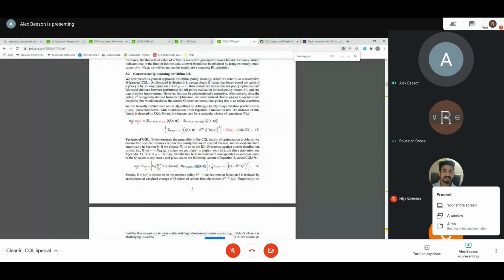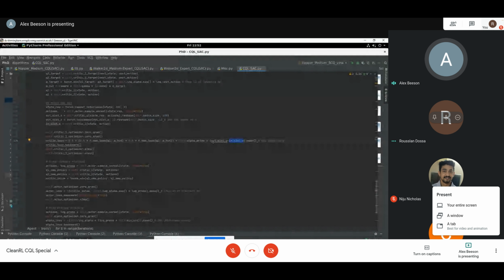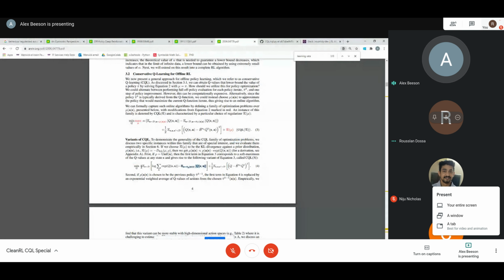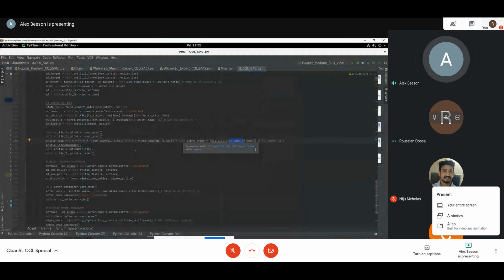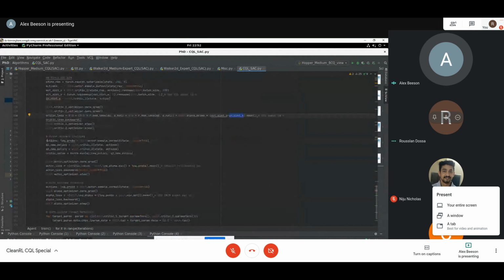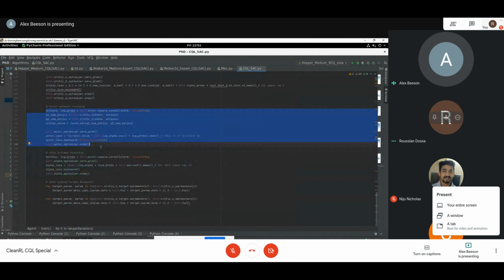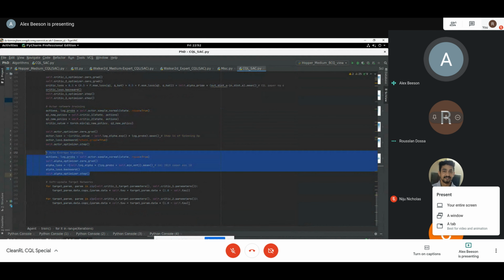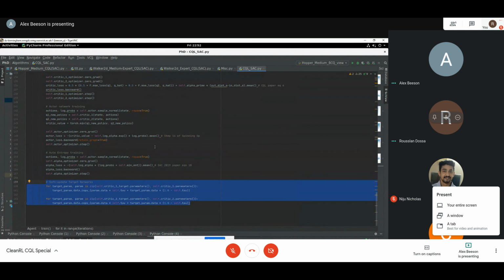Then I've taken the mean of that minus that, and times it by alpha, and that is my loss for my critic. And then the actor loss is just the normal soft actor-critic stuff, and the same for the automatic entropy tuning, and then a soft update of the target networks. It's really simpler indeed.